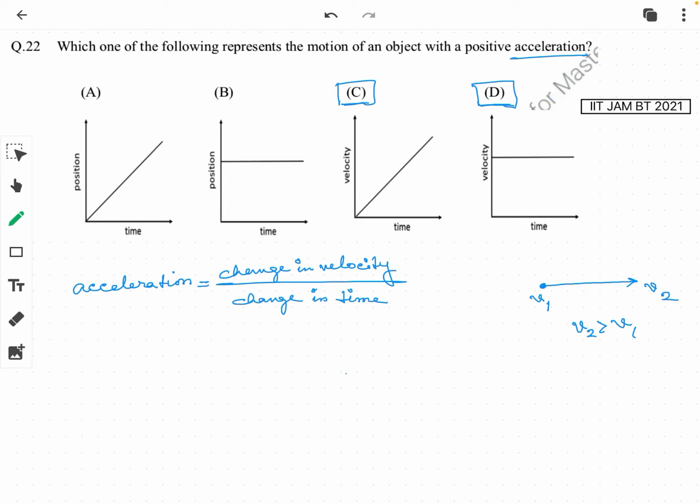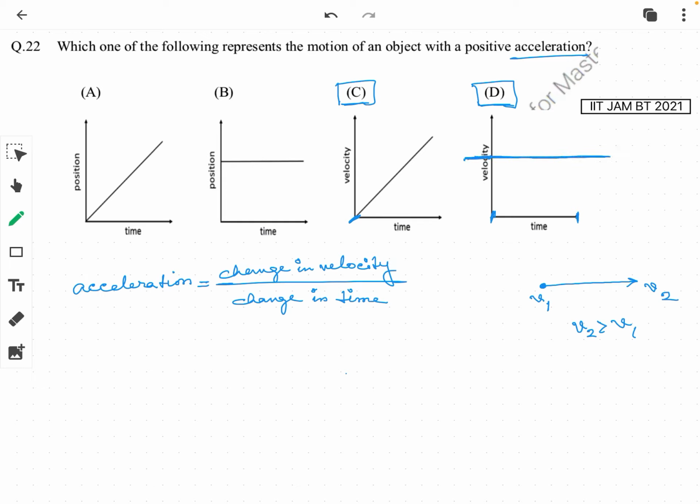In option C, the straight line is passing through the origin. And in option D, the straight line is parallel to the time axis. So option D says that with increase in time there is no increase in velocity, that is, it is the same.